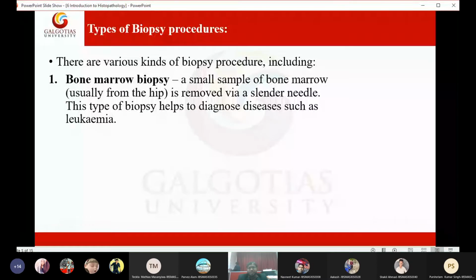Mostly they will go for the normal general tests, and finally they will go for the bone marrow biopsy. With a bone marrow biopsy they can study complete details of the cells.